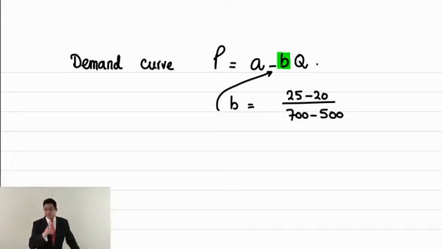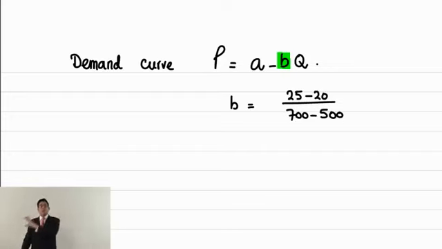So this negative sign is already there. To avoid any mathematical problems, put the numbers in the numerator and denominator in such a way that the higher value comes first and the lower value after. So higher price minus lower price, and higher quantity minus lower quantity, to get the difference in price divided by the difference in quantity.